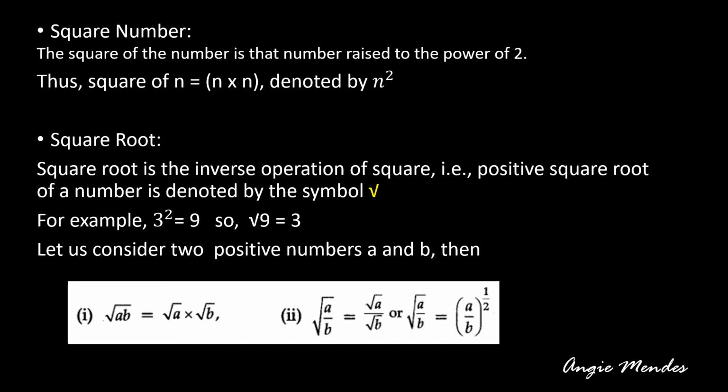The second instance, the square root of a upon b can be expressed as the square root of a upon the square root of b, or it can be also expressed as a upon b raised to the power of half.